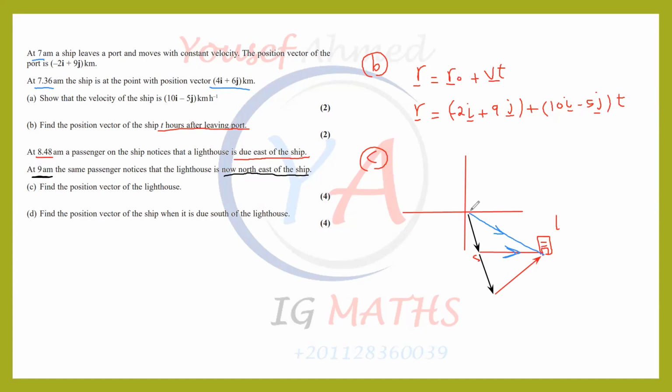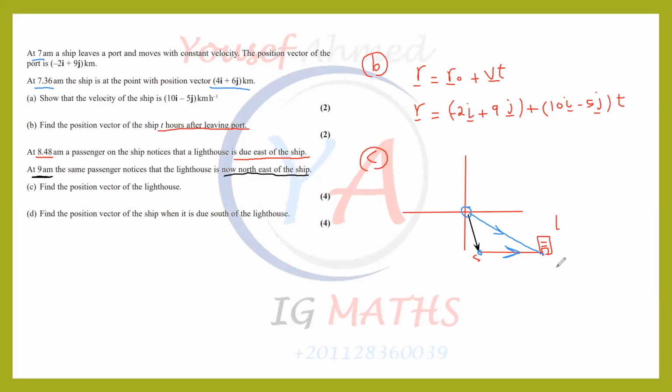This is the position vector for L that comes from O, and this is the position vector of S when the time was 8:48. Then when the time becomes 9, this is the SL, and the position vector of L remains the same, no change. So we'll do the first situation as follows.